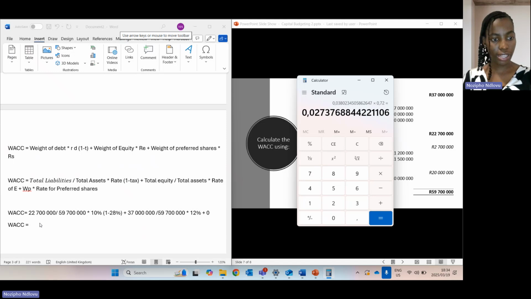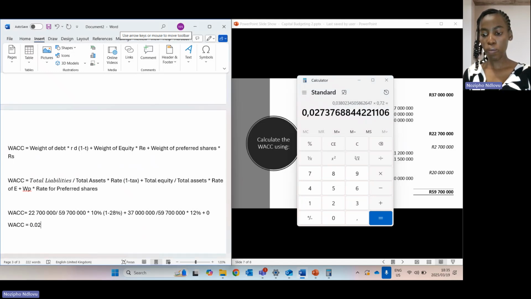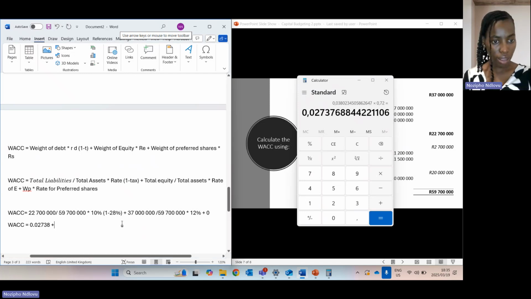So if you get this fraction side, it's 0.0273. Let's just keep it to 5 decimals, so it's 0.027377. Okay, then now we have done this part.